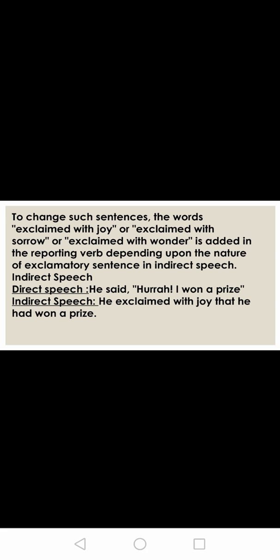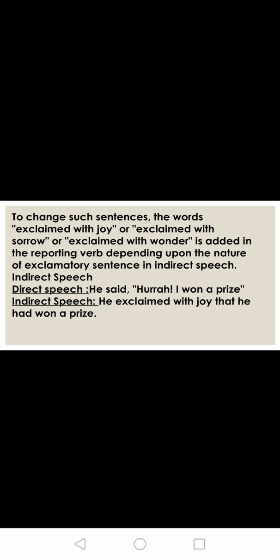To change such sentences, the words exclaimed with joy, exclaimed with sorrow, or exclaimed with wonder are added. This depends upon the sentence. Now, the sentence is, he said, hooray, I won the prize. Hooray, I won a prize is happiness.